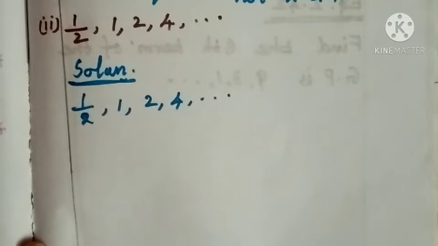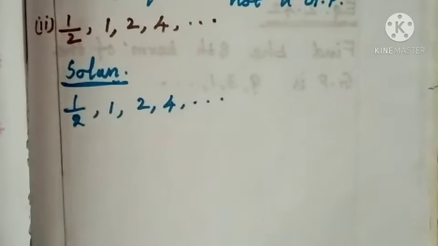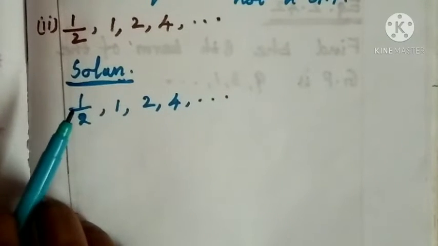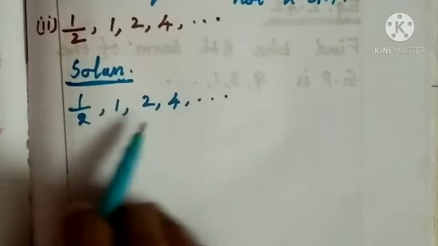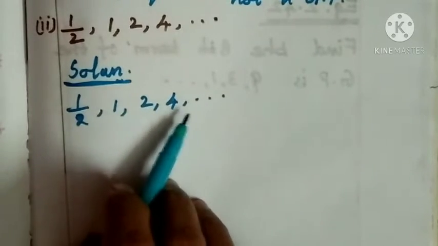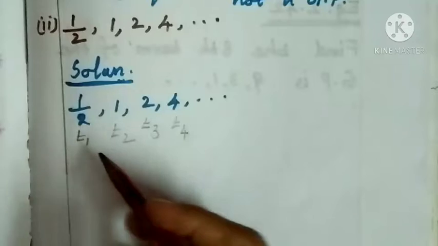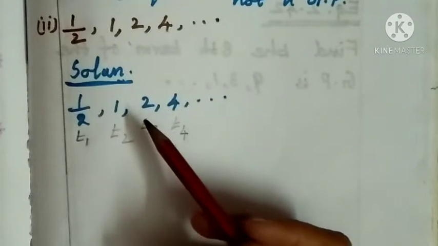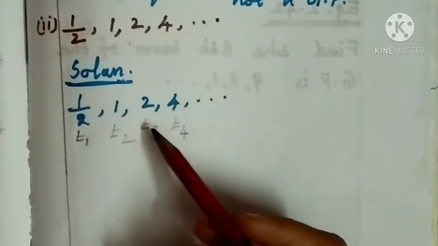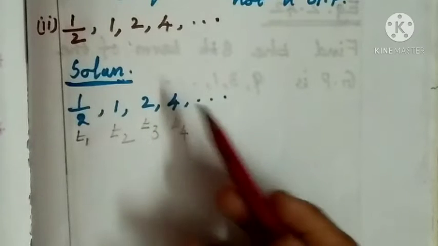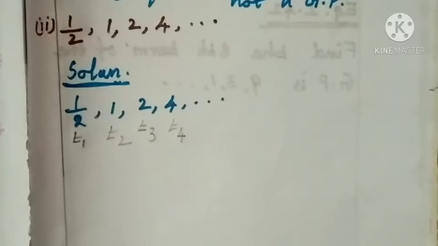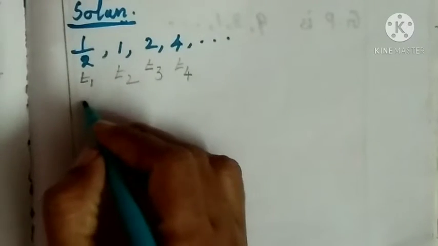Now we move on to the next subdivision. Write down the given sequence, that is 1 by 2, 1, 2, 4 and so on. Here T1 is 1 by 2, T2 is 1, T3 is 2 and T4 is 4. Now you have to find the common ratio.